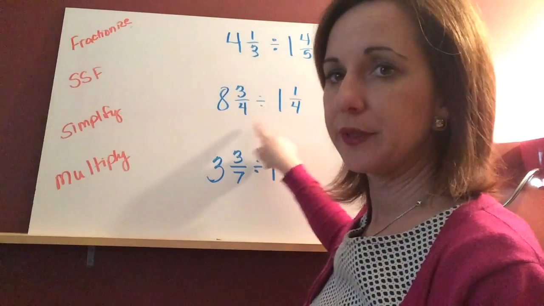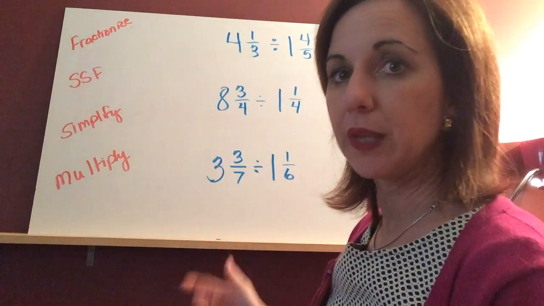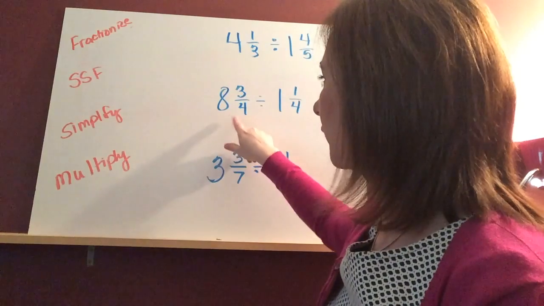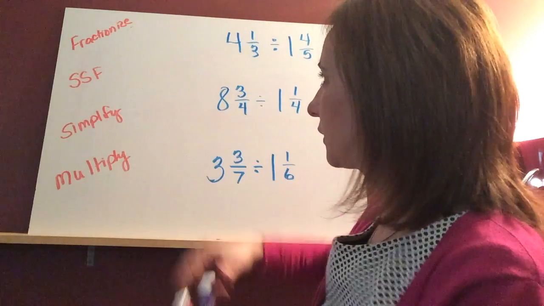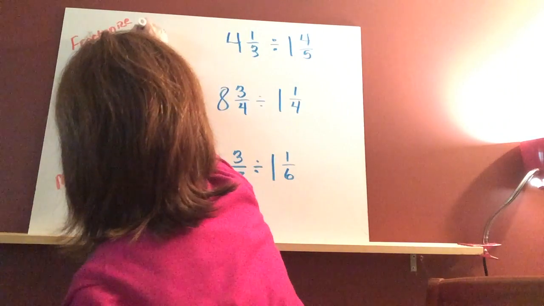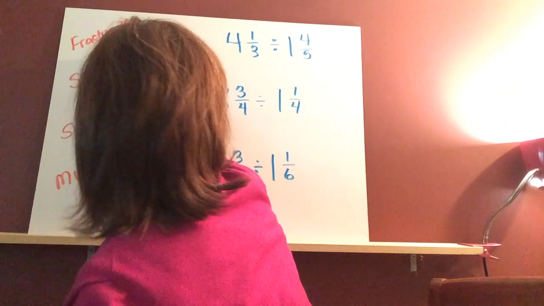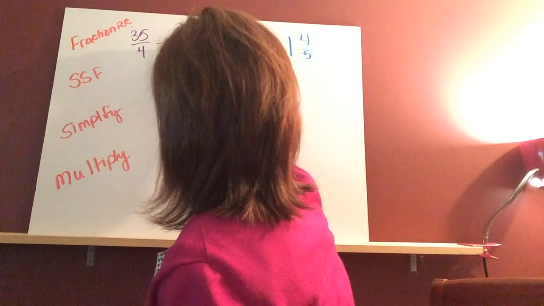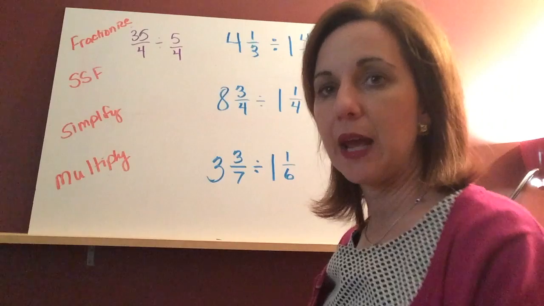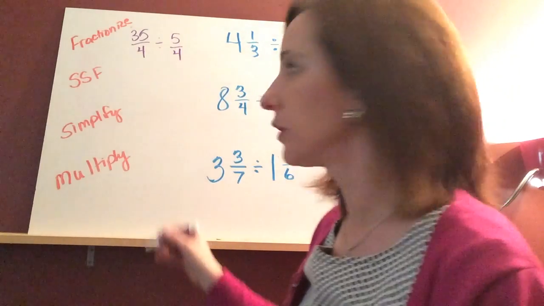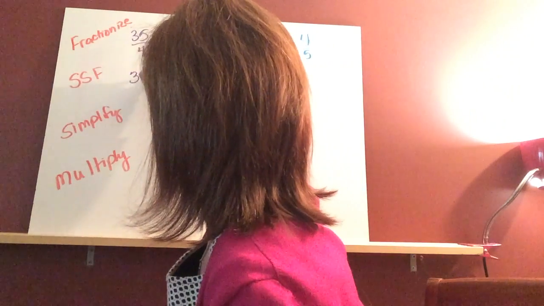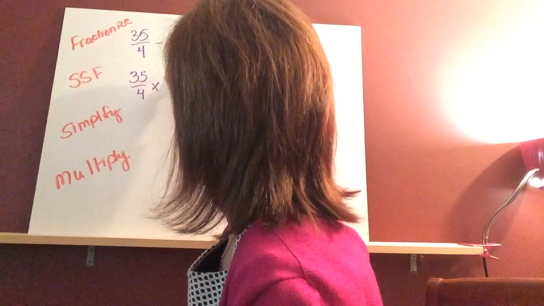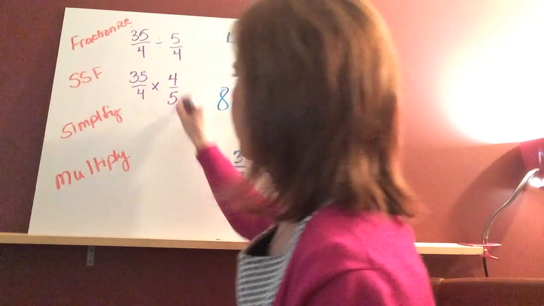Eight and 3/4 divided by 1 and 1/4. So let's put them in fraction form first. 32 plus 3 is 35/4 divided by 4 times 1 is 5/4. Now let's do stay, switch, flip. 35/4 times 4/5.